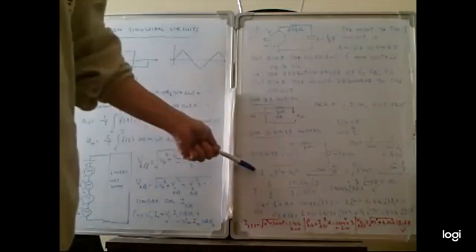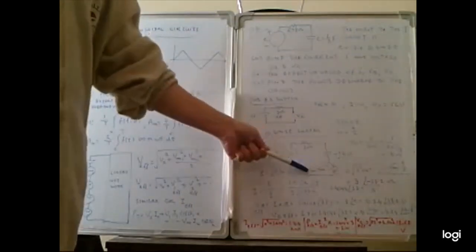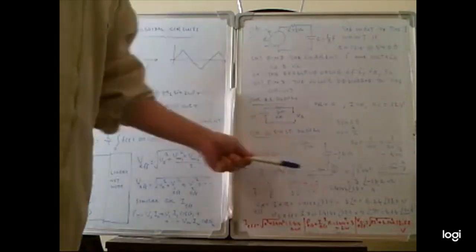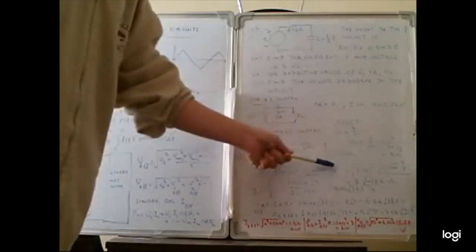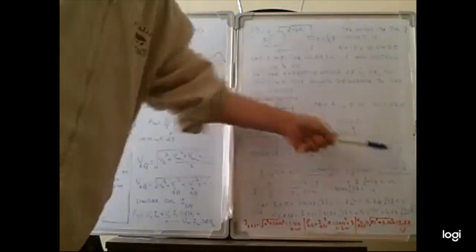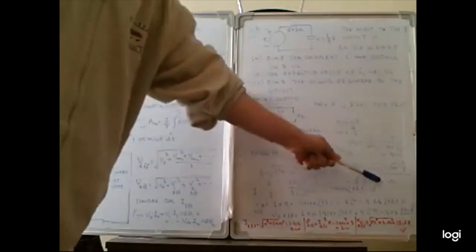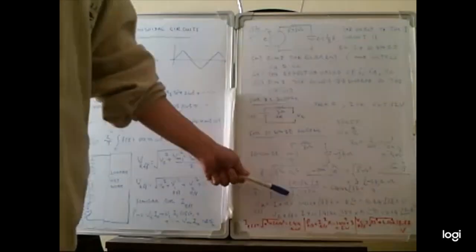So we can calculate the impedance: the square root of R squared plus XC squared, at an angle of minus tan inverse of XC by R. R is 3 ohms and XC is 4, so by solving this, the impedance is 5 angle minus 53.2 ohms. Current can be calculated as voltage by impedance.